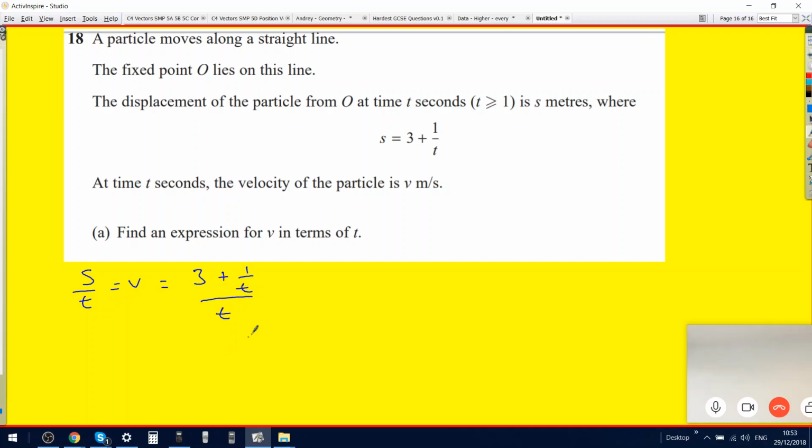Okay, so s over t equals v, so v equals 3 plus 1 over t, over t. So we can say that vt equals 3 plus 1 over t. What do we want in terms of t? So we want the t basically on its own. So 1 over t equals vt minus 3.